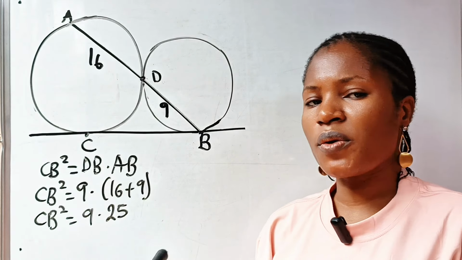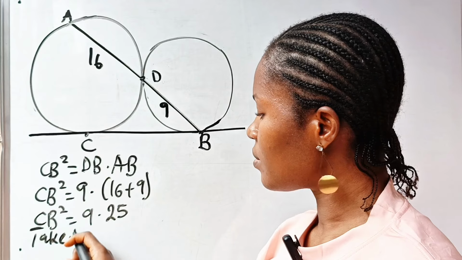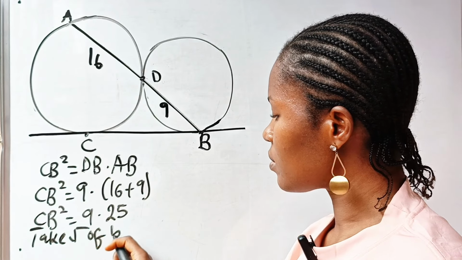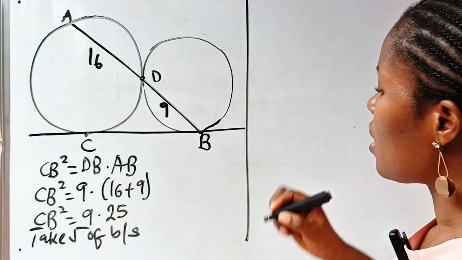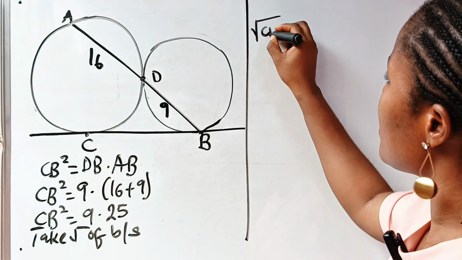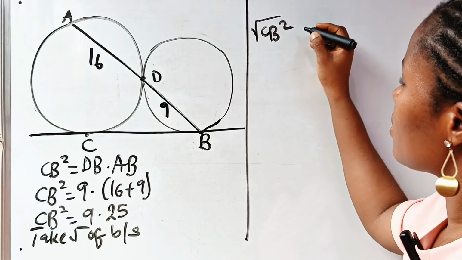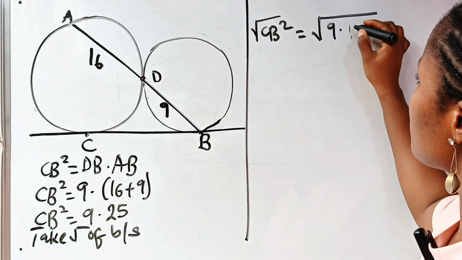Now if we take the square root of both sides, then we will have the square root of CB squared is equal to the square root of 9 multiplied by 25.